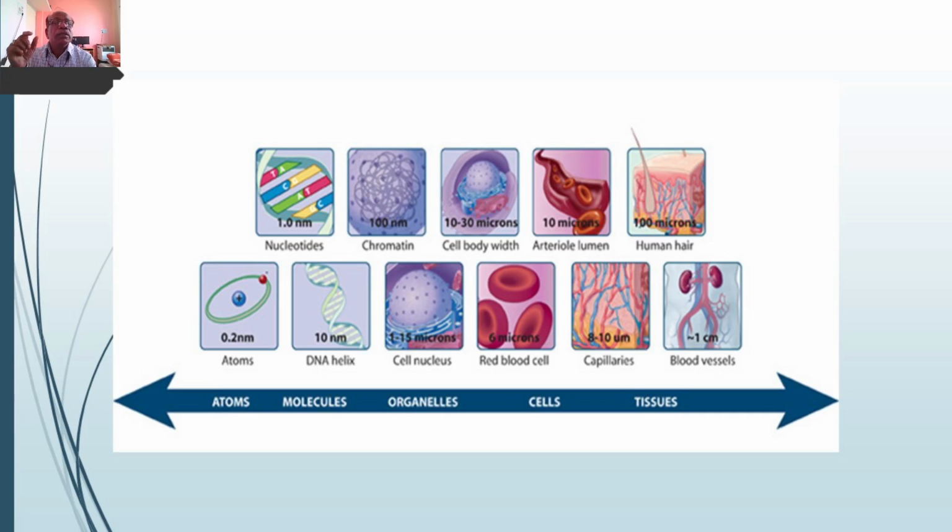Among the smallest blood vessels of the circulatory system, the arteriole is the smallest blood vessel of the arterial system, which penetrates the tissues and supplies blood to the respective cells or tissues so as to supply nutrients and oxygen. So the lumen of the arteriole is up to 10 micron.